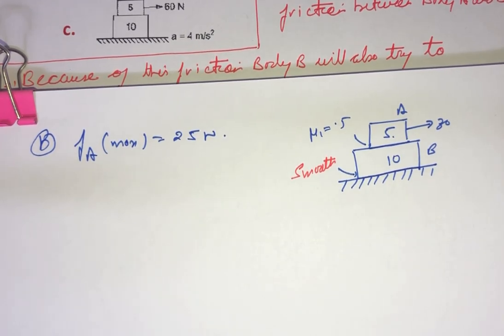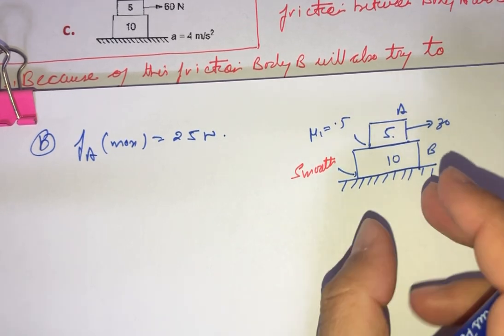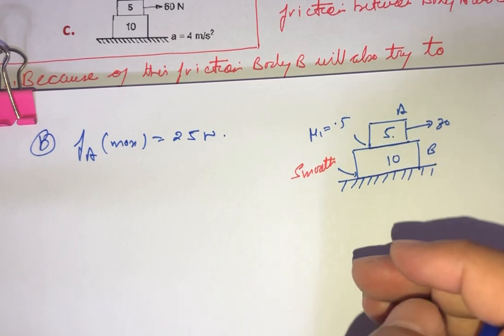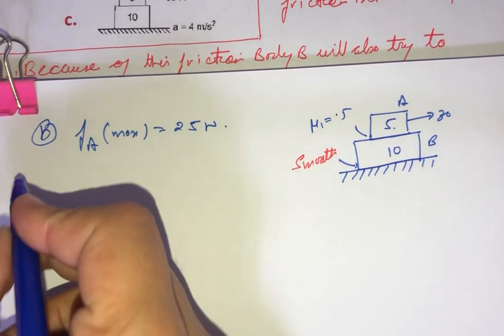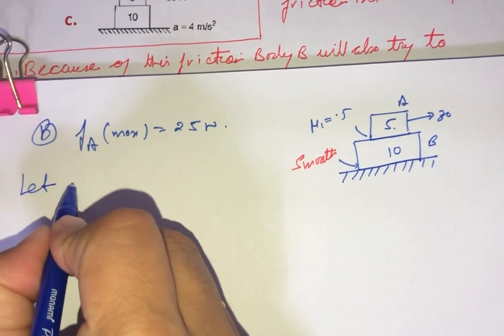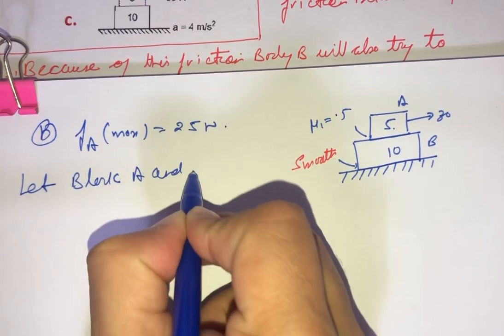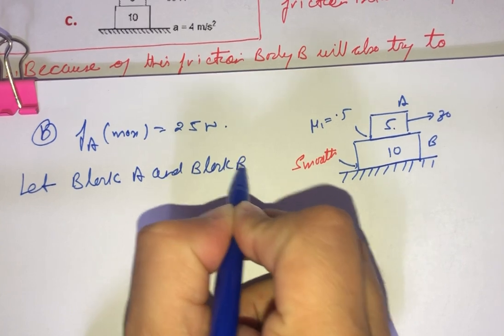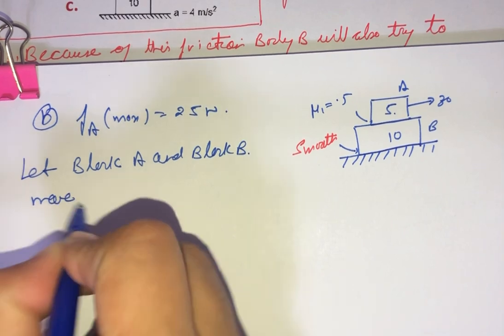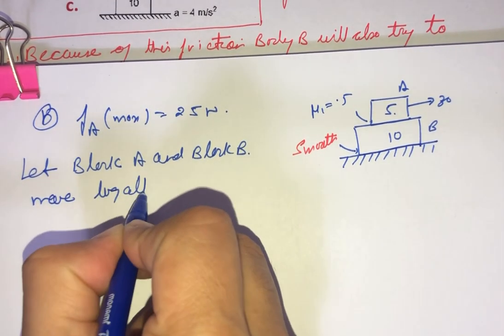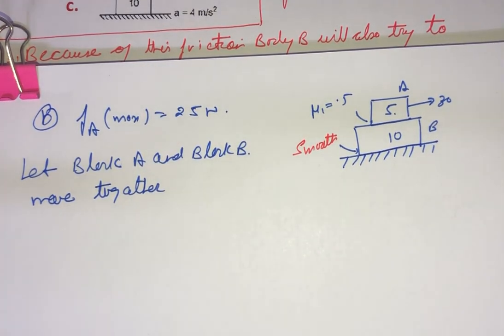Now in this case we are going to assume that both block A and B are moving all together, and then we are going to check whether our assumption is correct or not. Okay. So we assume, let block A and block B move together. Assume that block A and block B move together.